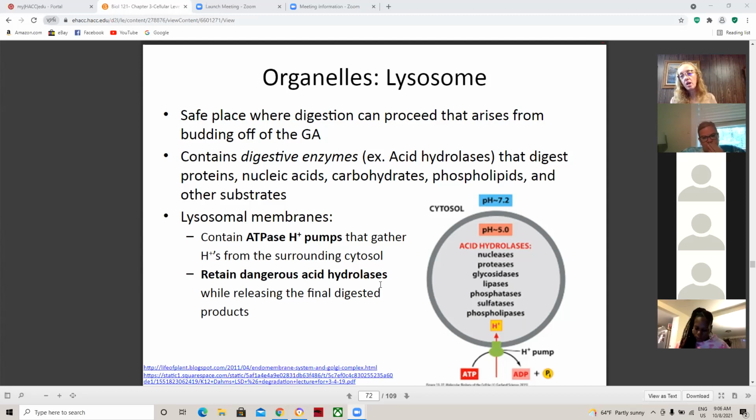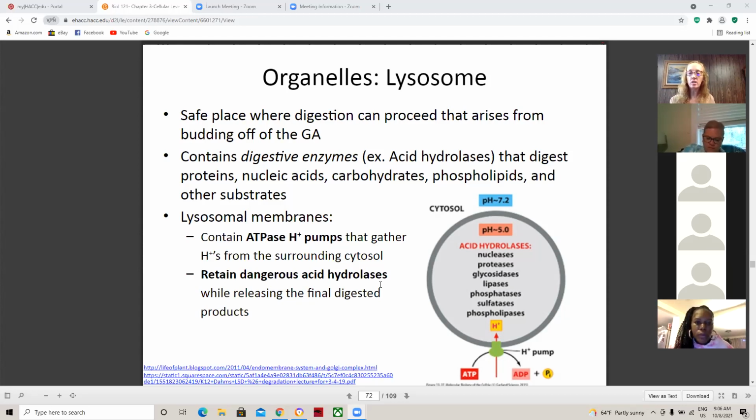So it would break down the enzymes as well, right? Yep. It breaks down proteins, and a protein can be an enzyme. So this is a safe place in the cell where digestion can proceed. It contains digestive enzymes, which are called acid hydrolases.